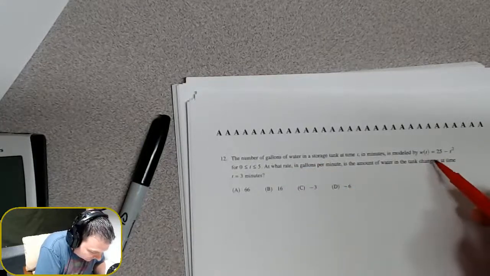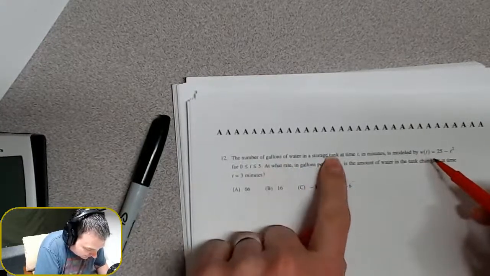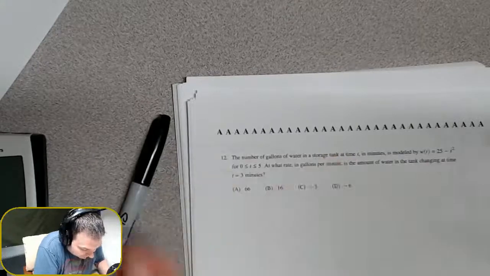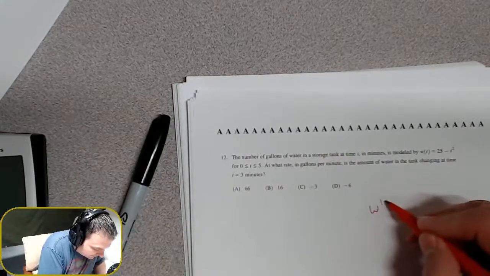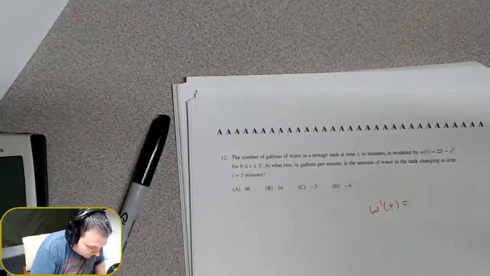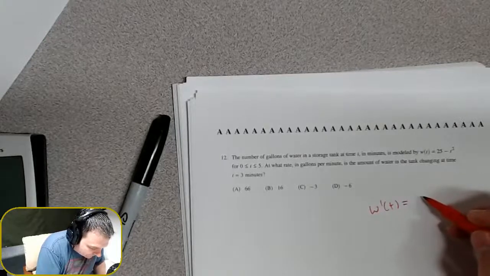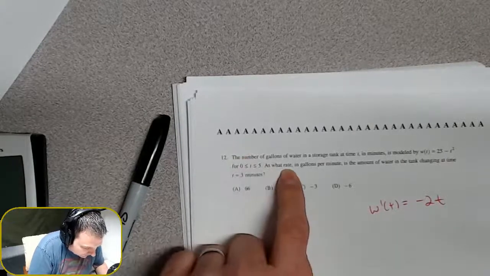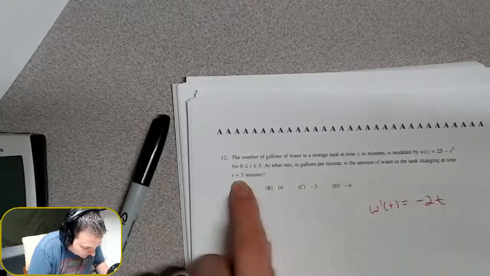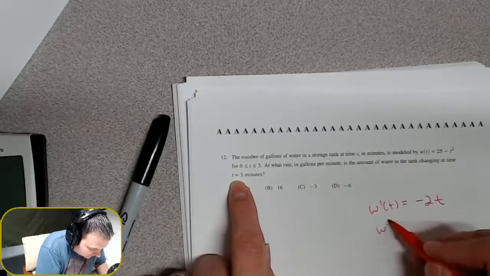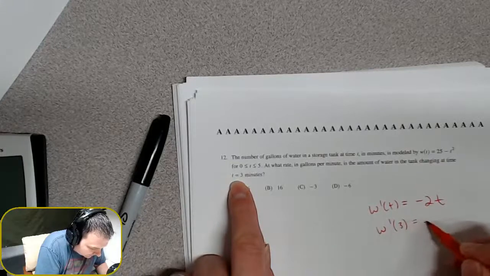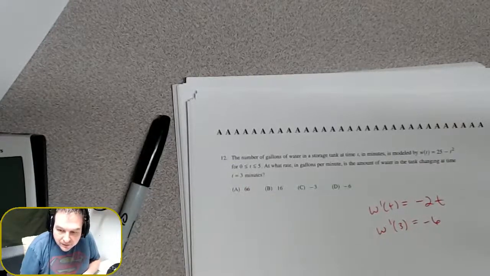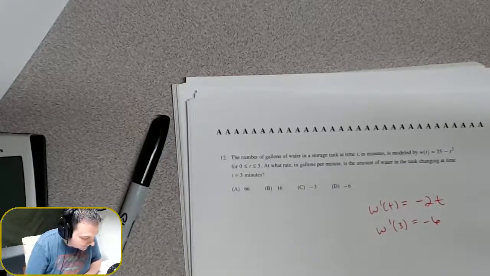This formula is the number of gallons in the storage tank. So how do we find the rate? We find W prime of t. There's the rate. We take the derivative and get negative 2t. At what rate is the amount of water in this tank changing? Well, plug in our 3, and we get negative 6. Take a look at that one. That was number 12.